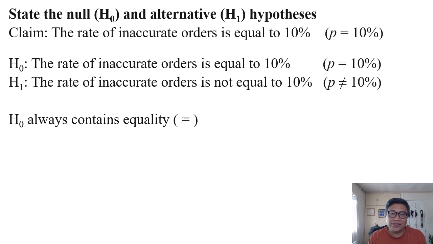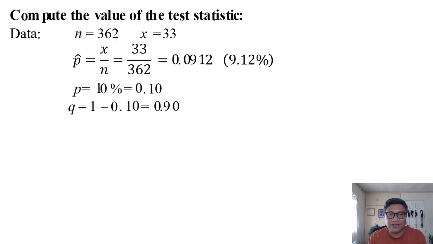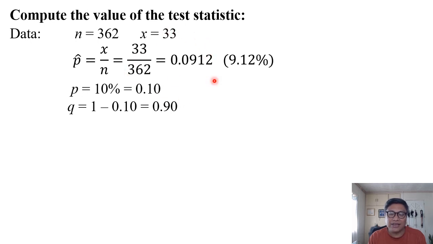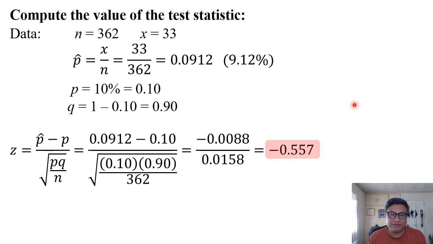So we are now ready to substitute all the necessary values, class, or the data into the formula, and we can solve for our z-value. In this case, 0.0912 as the sample proportion minus the hypothesized proportion gives a difference of negative 0.0088, or 0.88%, divided by the standard error of the proportion.